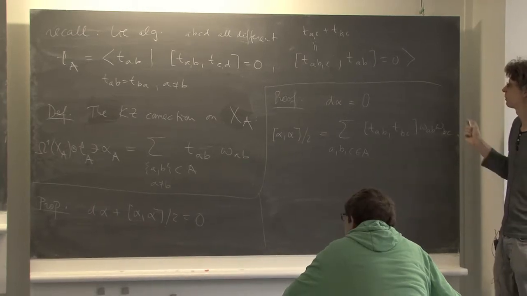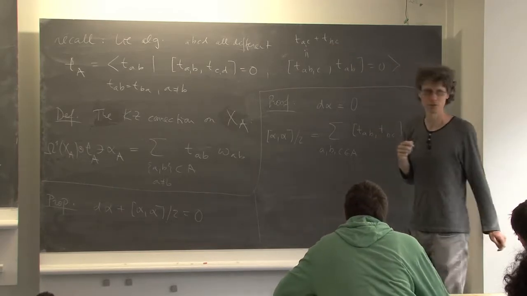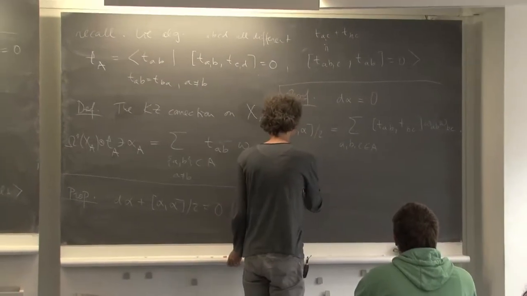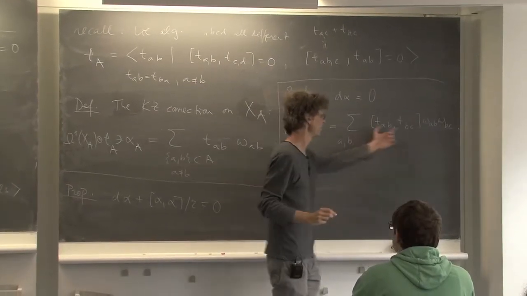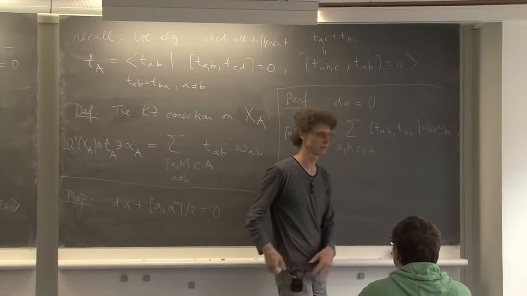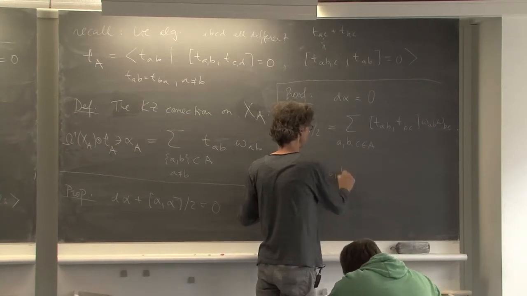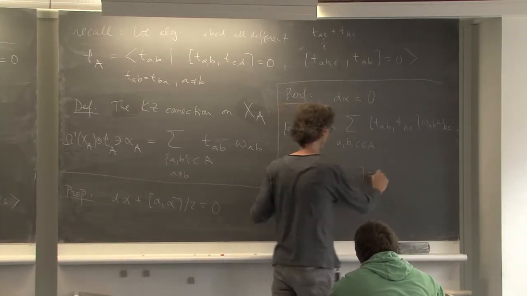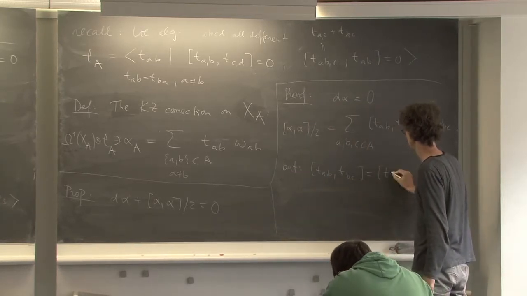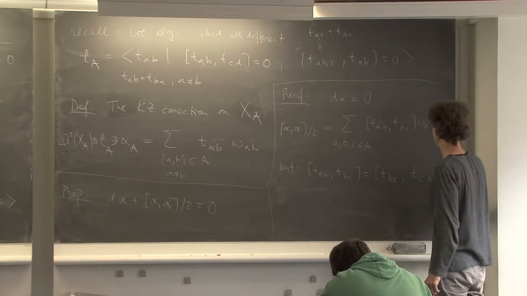And so we should somehow use this relation, that this with that is equal to 0, which I can write in the following way. The thing that we see here is actually invariant under cyclic permutations, meaning T_AB T_BC is equal to the cyclic permutation, T_BC T_CA.